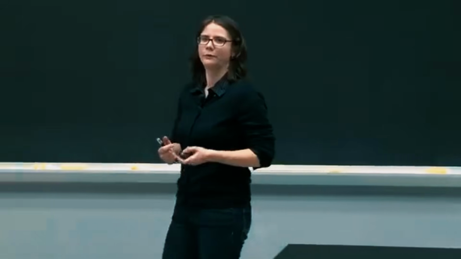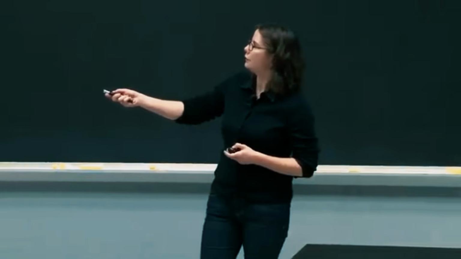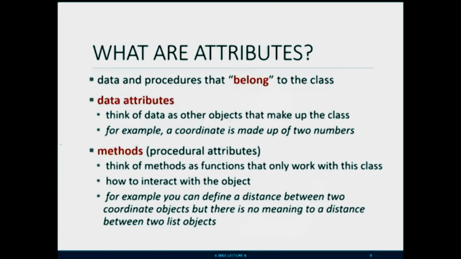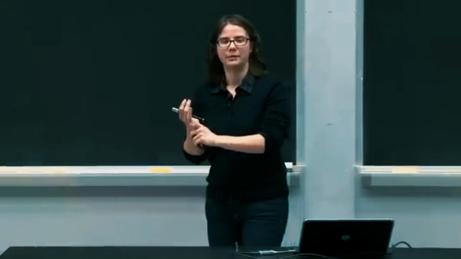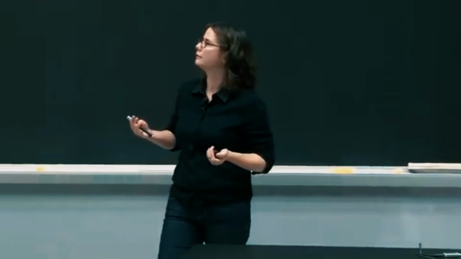All right, so we've told Python we want to define an object. So inside the class definition, we're going to put attributes. So what are attributes? Attributes are going to be data and procedures that belong to the class, okay? Data are going to be the data representations, and procedures are going to be ways that we can interact with the object, okay?